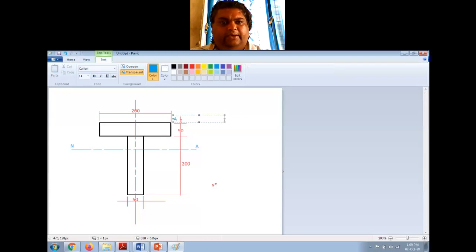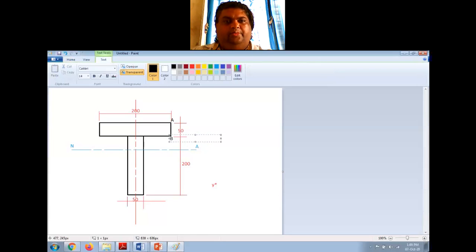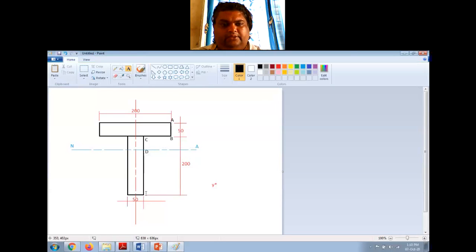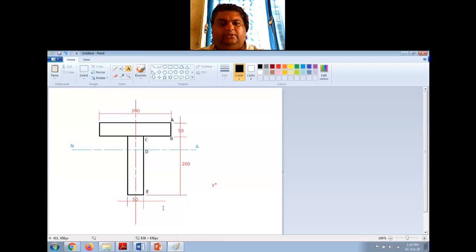This is A, this is B, this point is C, this neutral axis, call it D, and the bottom fiber, I call it E, right? So these are the points at which I have to find the shear stress.